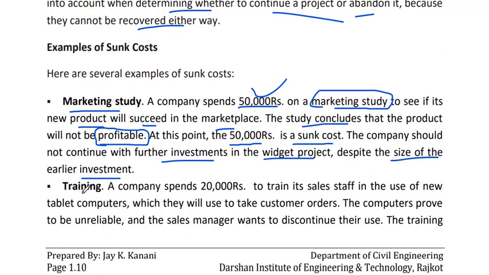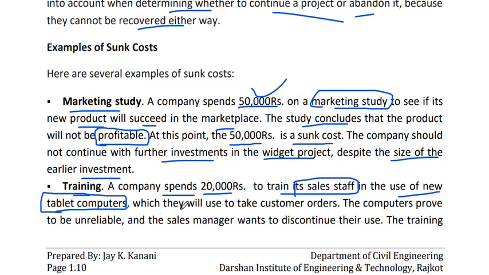Then say training. A company spends 20,000 rupees to train its sales staff in the use of a new tablet computer. Let's say there are new computers and the workers are old, so you have to give them knowledge about the computer. You have to train your staff, and its cost is 20,000.